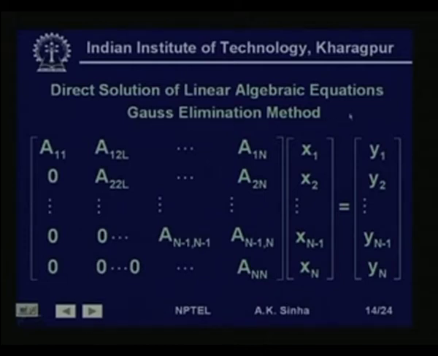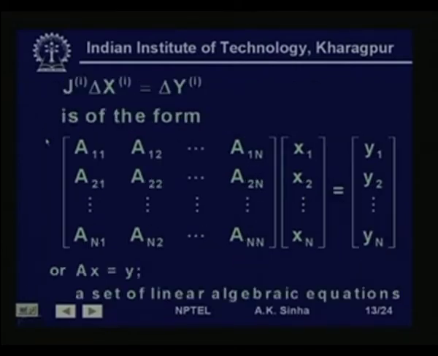Now, what Gauss elimination tries to do is to triangularize this matrix A, which is an n by n matrix, into an upper triangular matrix. That is, all the elements below the diagonal A11, A22, ANN are made 0.